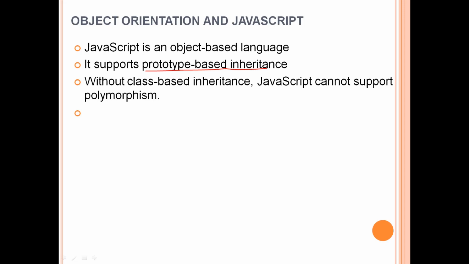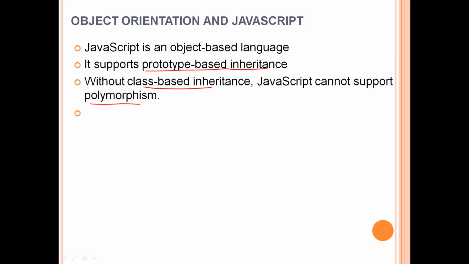We cannot declare a class, but we can have objects in JavaScript, similar to the objects in Java and C++. Without class based inheritance, JavaScript cannot support polymorphism as well. So there is no polymorphism concept supported by JavaScript.